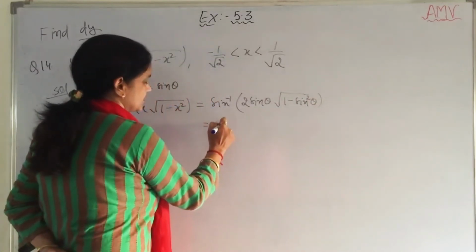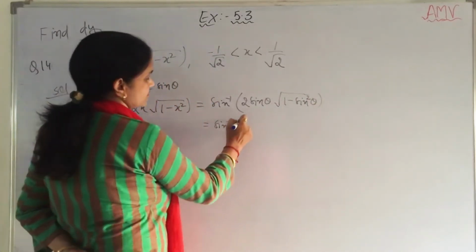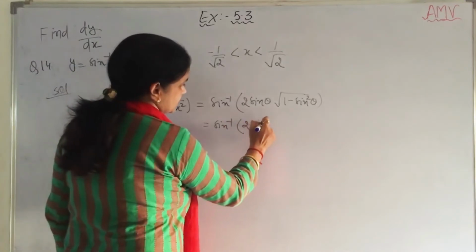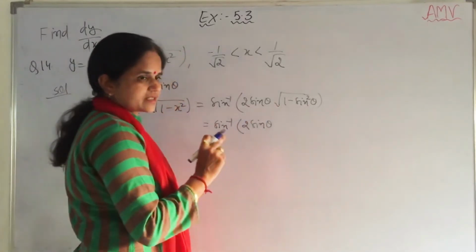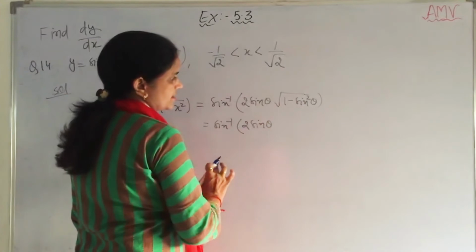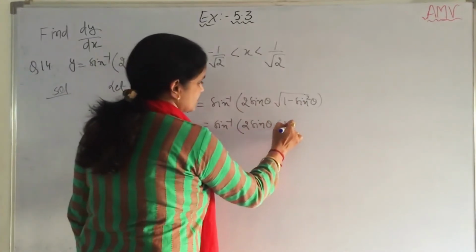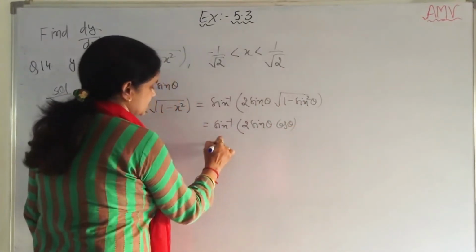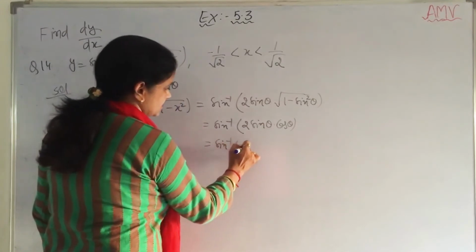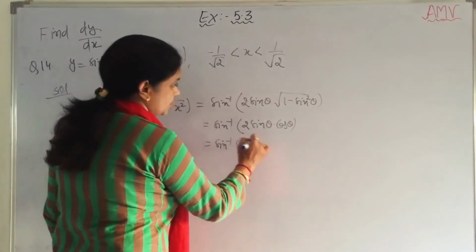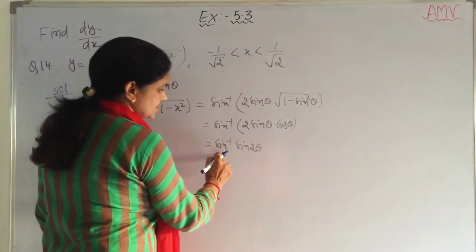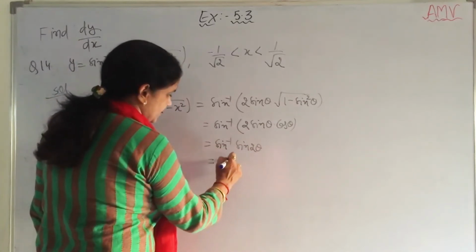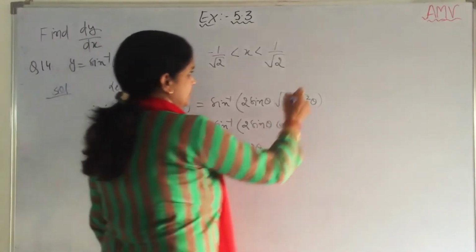It is sin inverse 2 sin theta, and under root 1 minus sin square, it's cos square theta, and it is cos theta. Okay. So here it is sin inverse sin 2 theta. Sin inverse, sin will cancel and you will get 2 theta only.